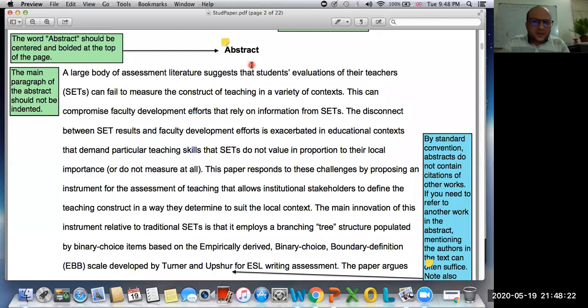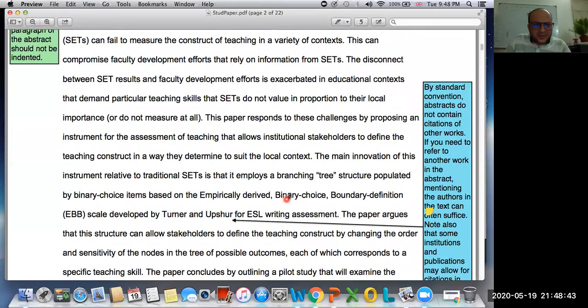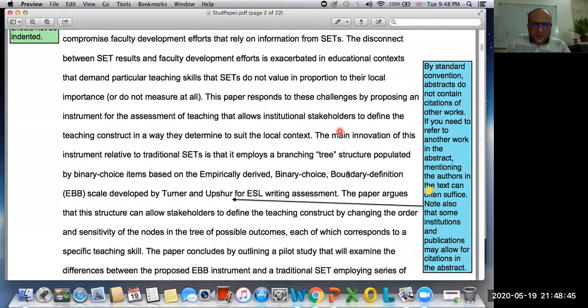You should indicate what is going to be discussed in your research paper. That's why, at least this time, we don't need to include authors' citations or works here. But it's okay, it's enough if you would like to include some names of the authors and so on, as indicated.